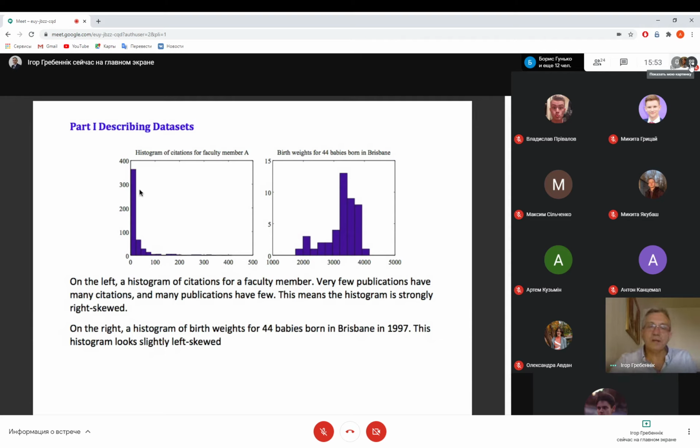Very good example. For most papers, we have only one citation by other authors.